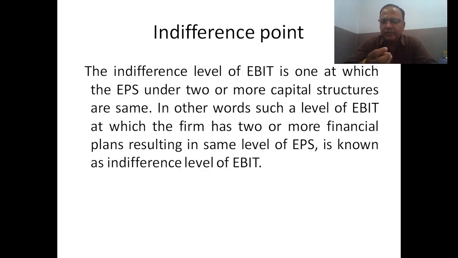Then where will it be same? So when we have to find out the level of EBIT, one level of EBIT will give you the same EPS even if you collect by issue of equity or by issue of debenture. So this point is the indifference point.